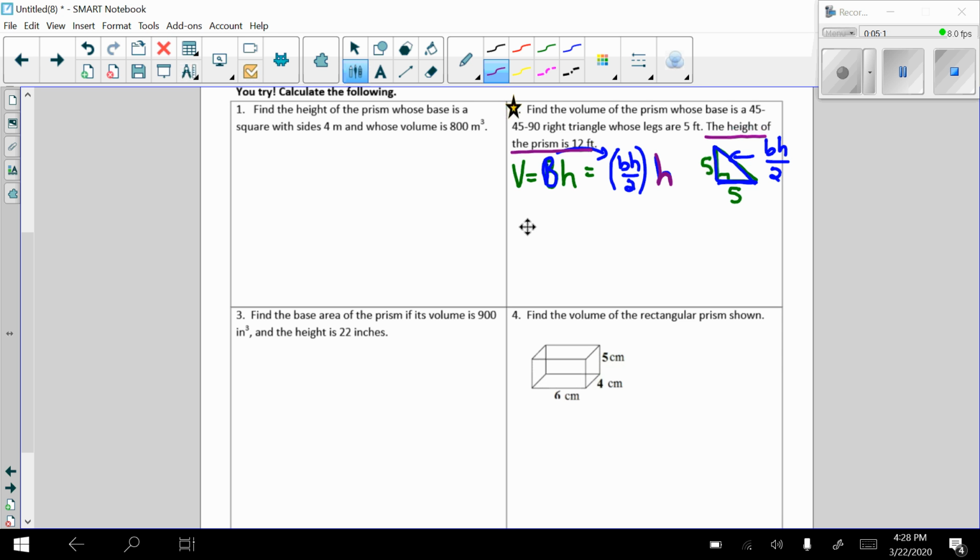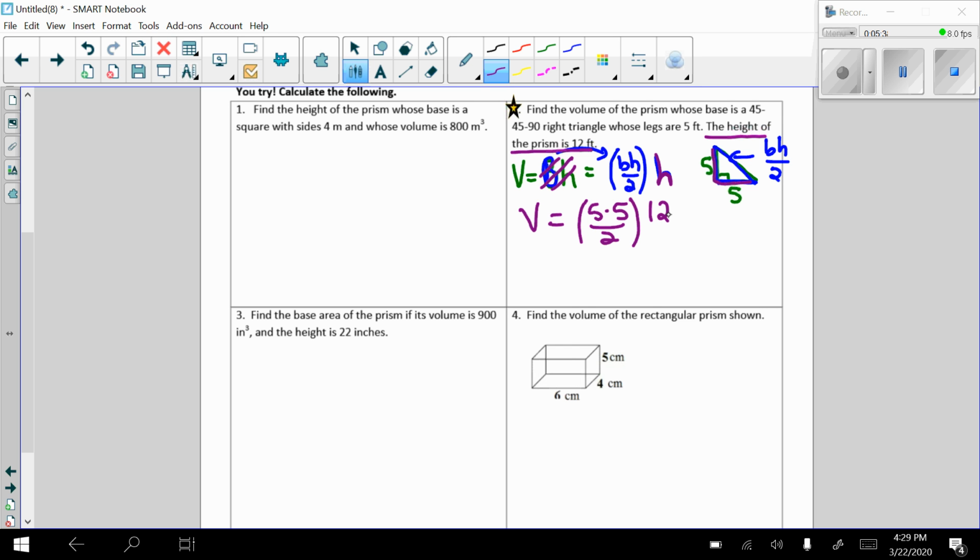But let's go ahead and do this. We're going to say volume equals, and now we're not really looking at this formula. The base and the height of the triangle are 5 and 5, and the area of a triangle calls for us to divide by 2. And then the height of the prism is 12. In other words, that's the distance between the two bases of the prism.